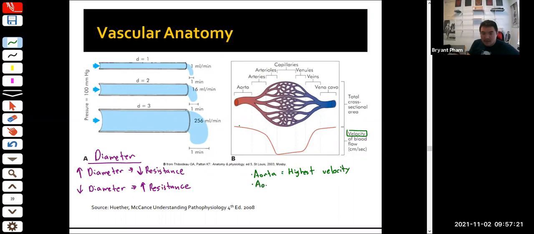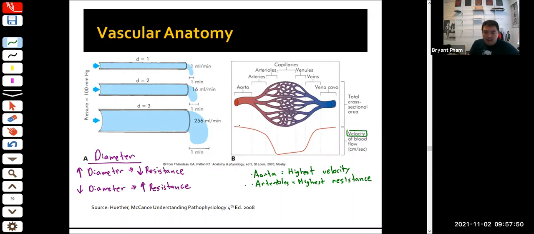So your arterioles have the highest resistance, i.e., that's when it slows down the most. You can see that we start tanking speed really quickly.